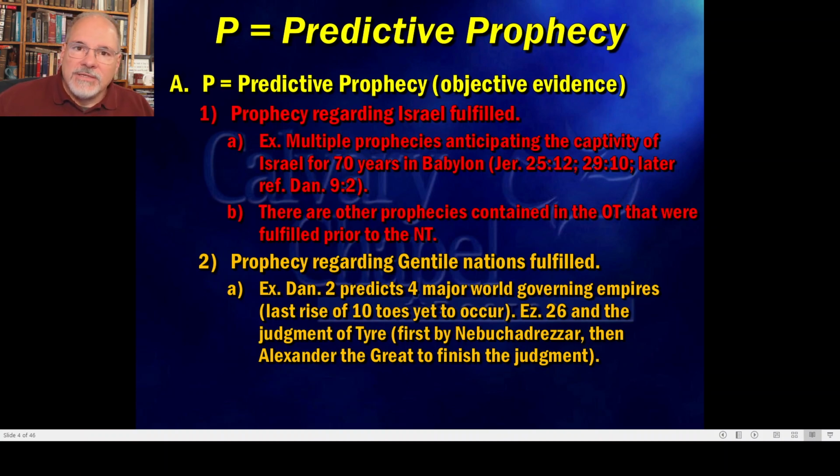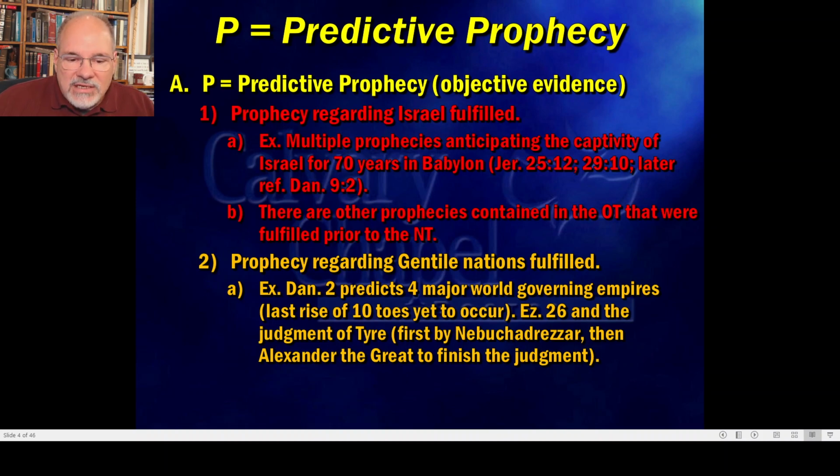The Roman Empire was not conquered by another nation. It just kind of dissolved from within. It collapsed internally, but will revive through the 10 toes, which is yet to occur, and that will occur during the 7-year tribulation period that we've talked about a lot prophetically, at least on this channel.